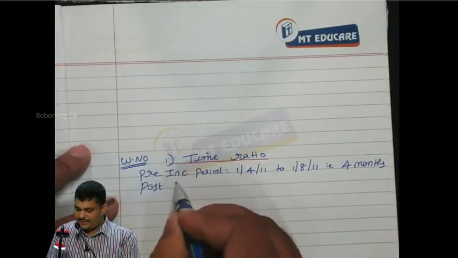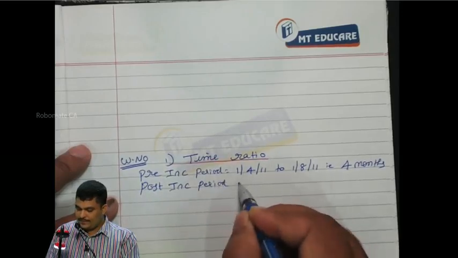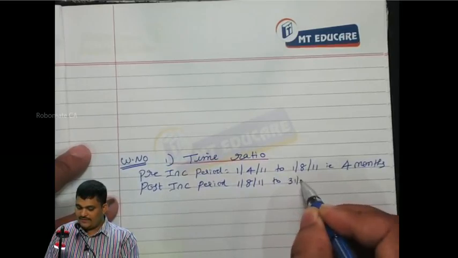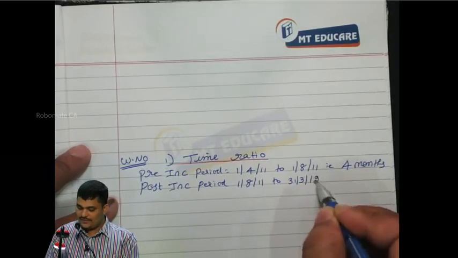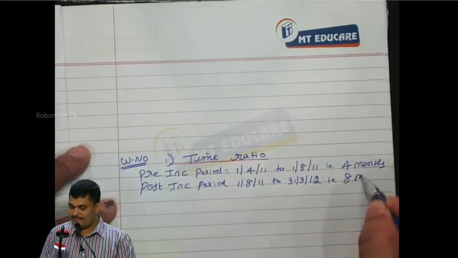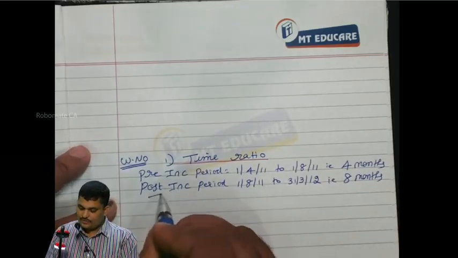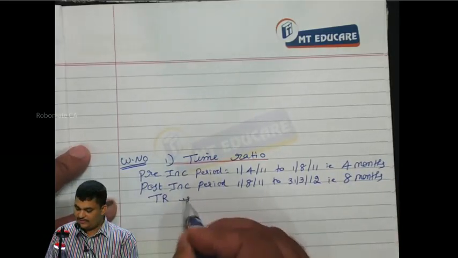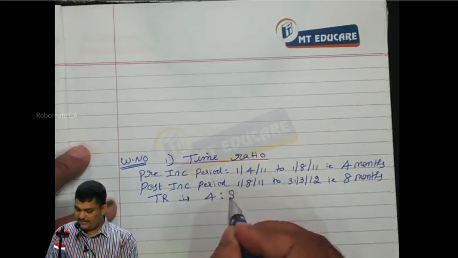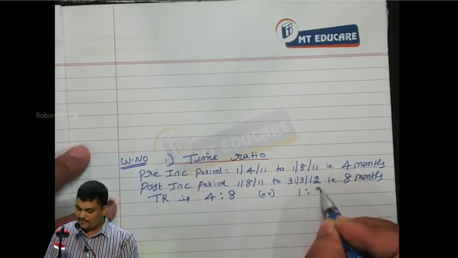Post incorporation period, 1st August 2011 to 31st March 2012. It is 8 months. So time ratio is 4:8 or 1:2.